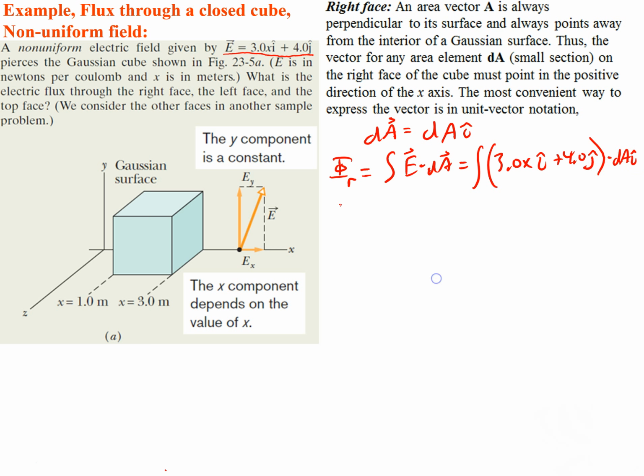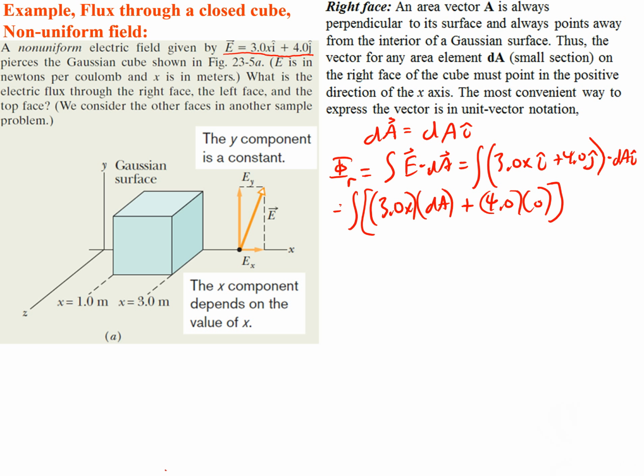All right, so let's go ahead and write this out. This will be the integral of 3.0x times dA, because that's in the i. So multiplying our i's together, and then multiplying our j's together, you have 4.0 times 0, because you don't have a j element for dA.